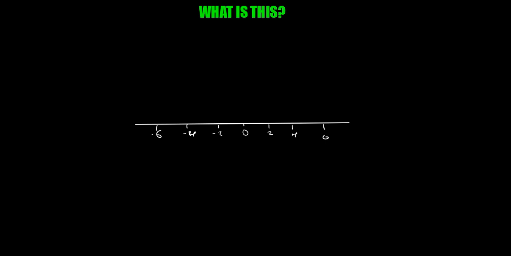So the distance from 0, let's say, going to the left or to the right, all right. So the distance from 0 to an end point on a number line, that distance, I'm talking about distance, is what we call absolute value. So it's a value given on a number line.